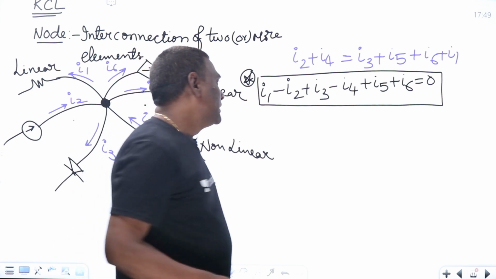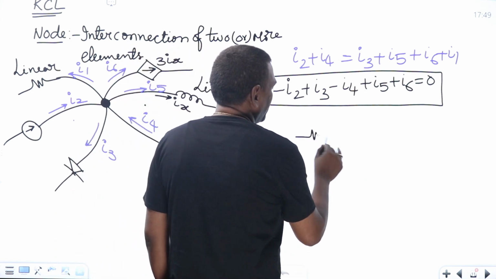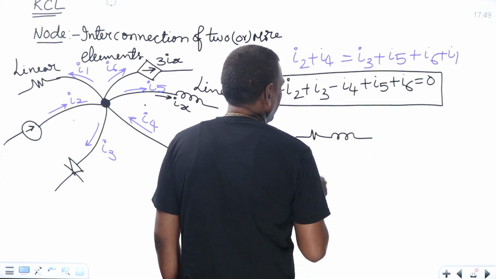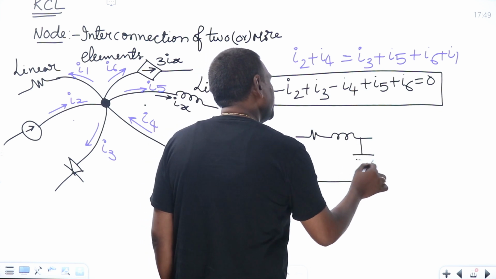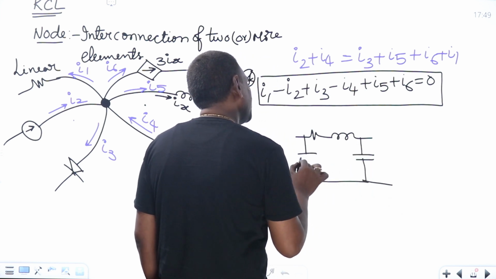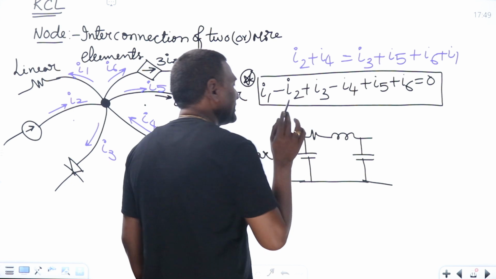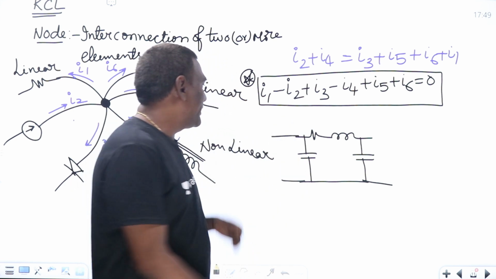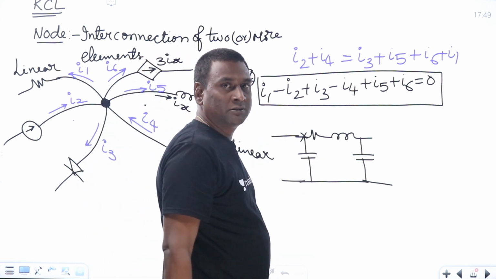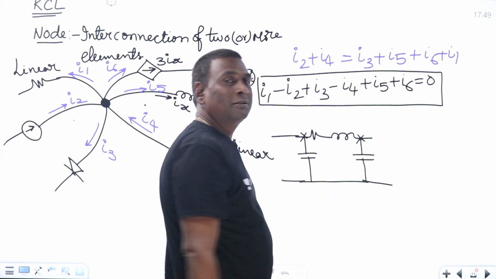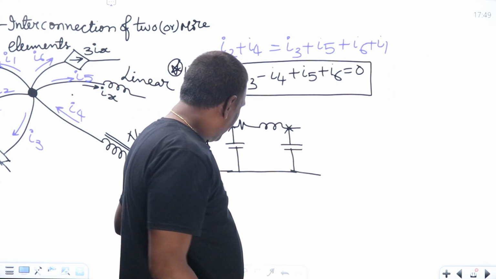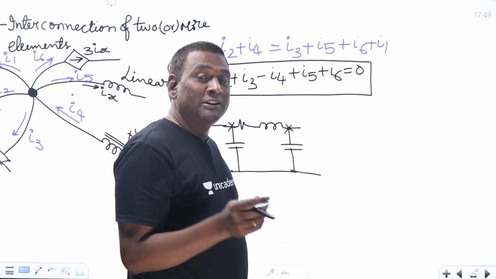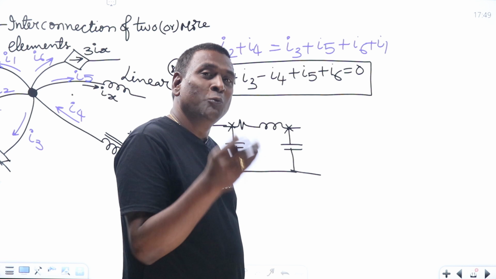So let me think of a lumped parameter model, or maybe a kind of transmission line model, a medium short transmission line model. Can I apply KCL here? Yes. This is lumped parameter. But with distributed parameter, definitely we can use it.